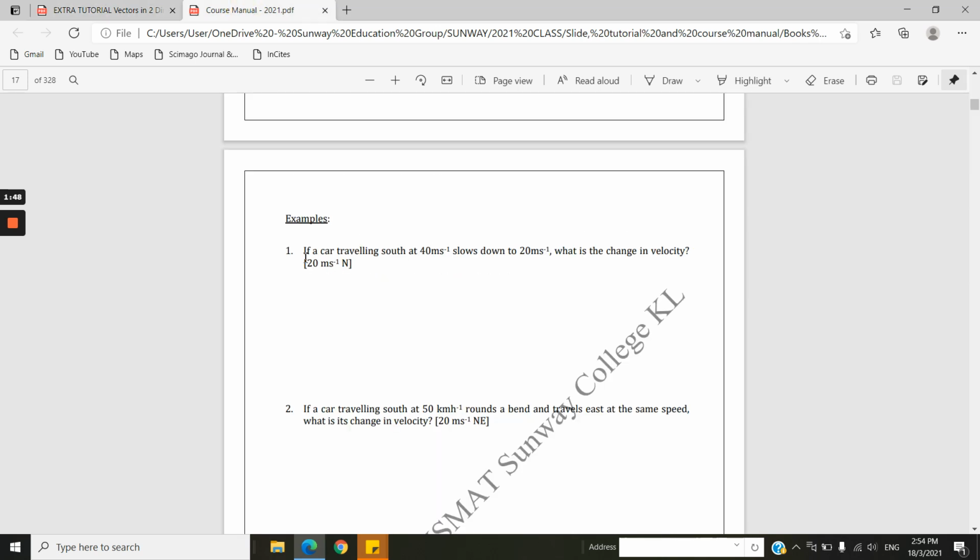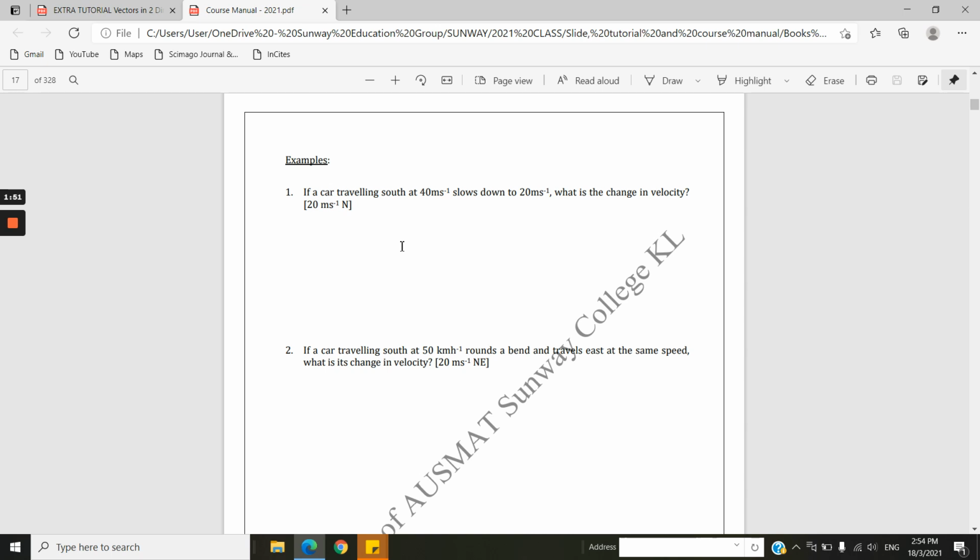For this example, you have done it on your own already, so I'm going to cover it very quickly. For number 1, north, south, west, east: the car travels to the south at 40 meters per second, and then slows down from here to here, to 20 meters per second.